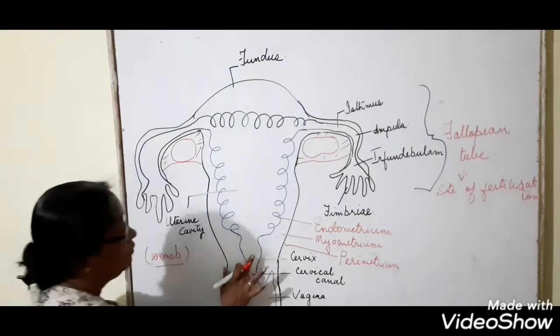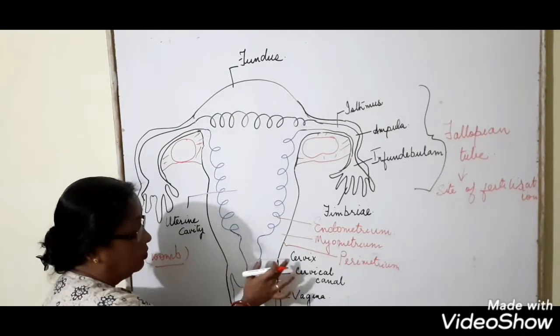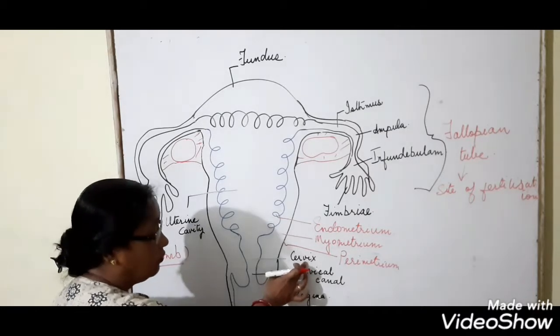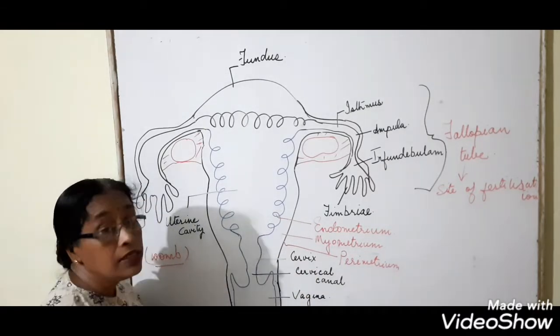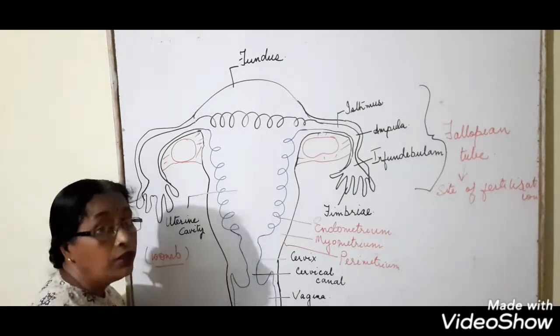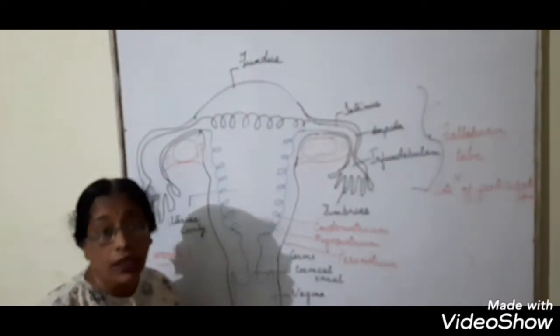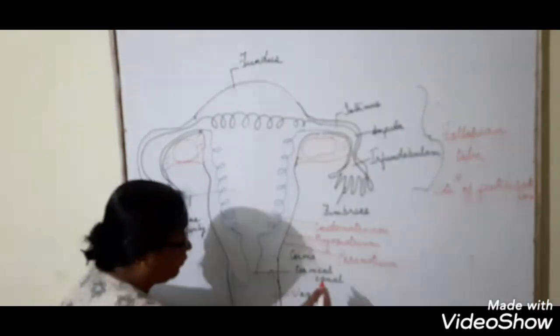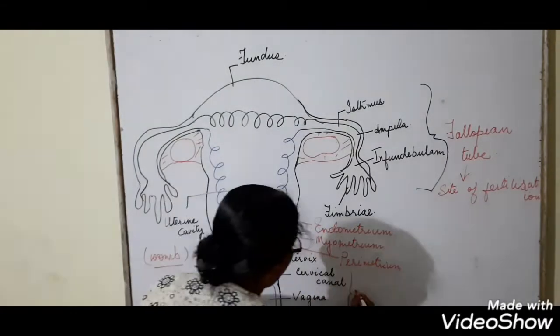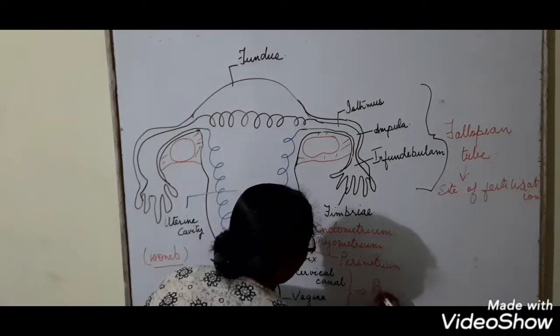The lower portion of the uterus, where it narrows down, is known as the cervix. The cervix leads to the cervical canal. The cervical canal along with the vagina forms the birth canal.